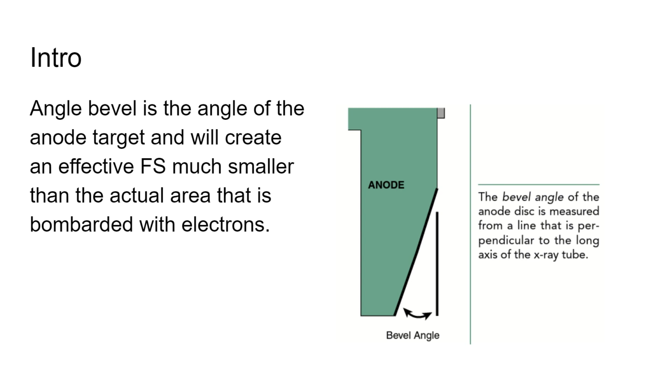If we draw a line from here down and a line from here down, you will see that this width here is much different than the cathode ray beam width here, right? So that is because of the angle of the tube. And why that happens is based on what is known as the line focus principle, right?